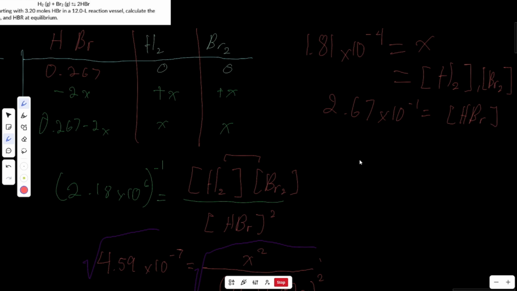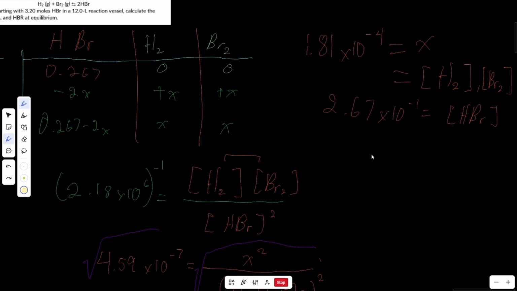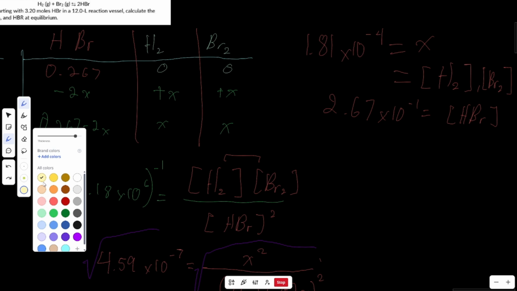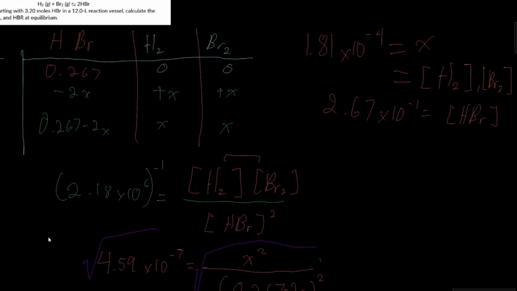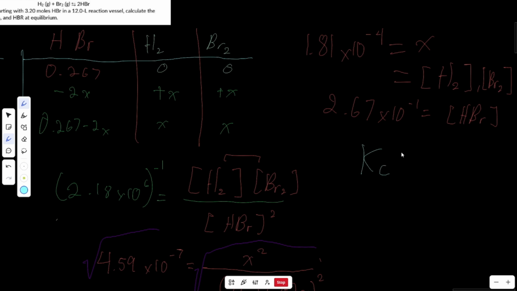Our Kc here, hold on, let's use a different one. Let's just use this one. Kc is less than 1, so that means the reactant should be favored.